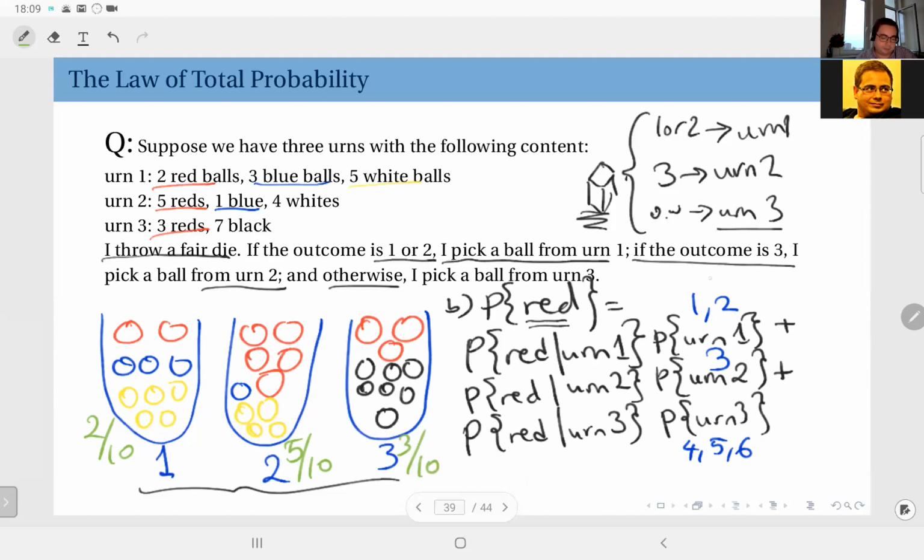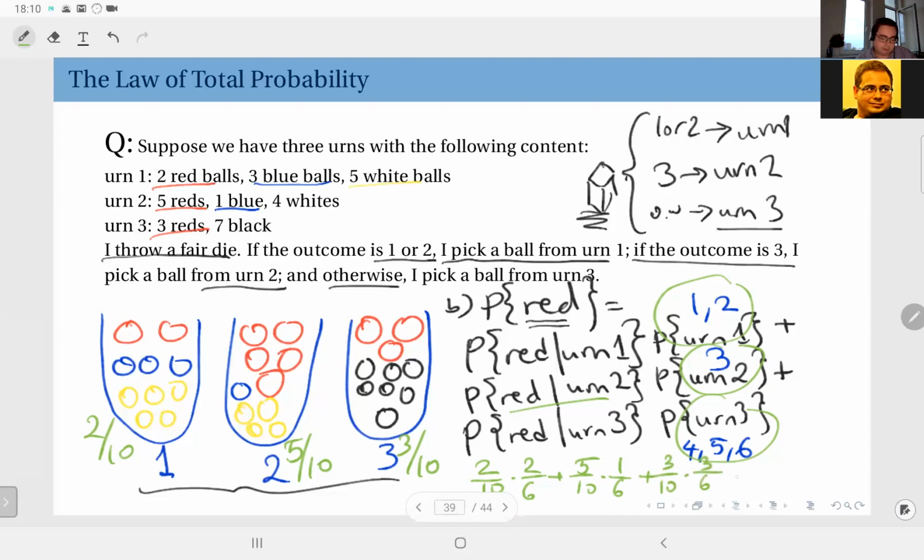And since obviously this has 2/6 probability, this has 1/6 probability, this has 3/6 probability, the result will be 2/10 times 2 by 6 plus 5 over 10 times 1 over 6 plus 3 over 10 times 3 over 6.